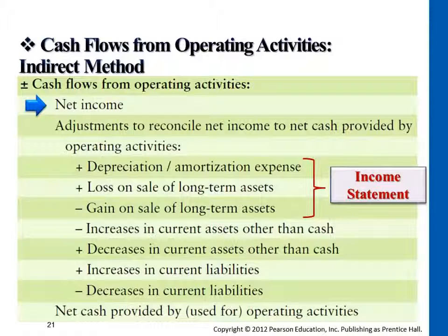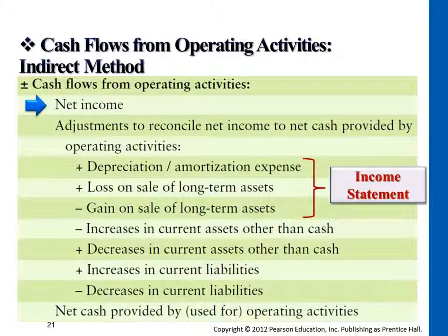Depreciation is always the first one to look for. Any depreciation amount you see on the income statement, remember depreciation is really a measurement. We estimate, for example, that a desk could be used for 10 years, and we spread the cost over each and every year. From the company's perspective, they're not paying any cash to anybody. They purchase the furniture, spread the cost year by year, and consider it a usage expense, but it's not really a cash expense.